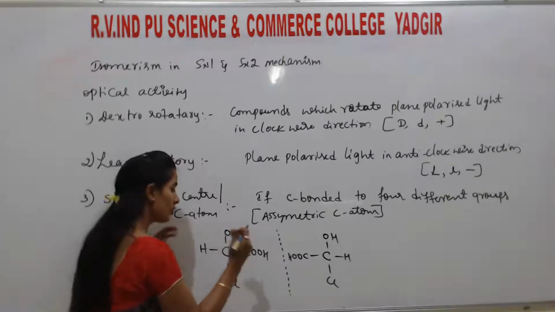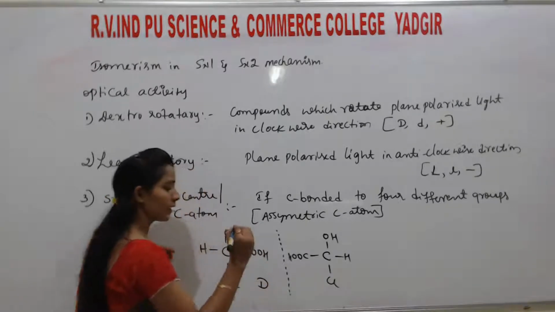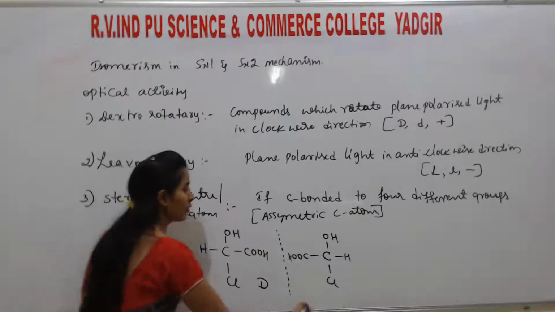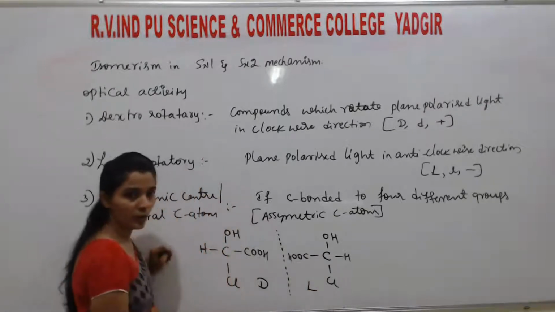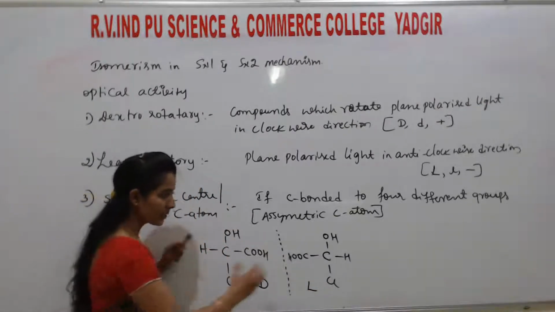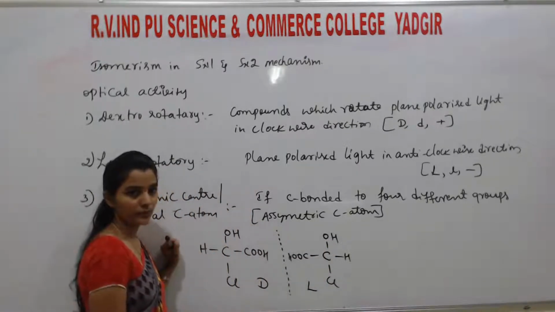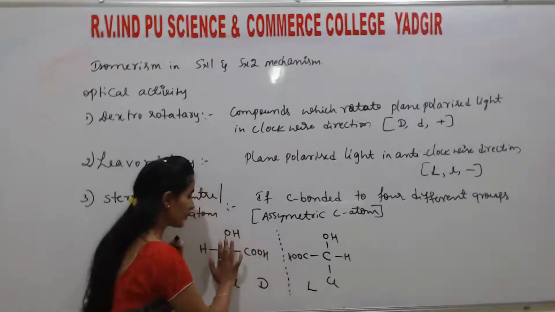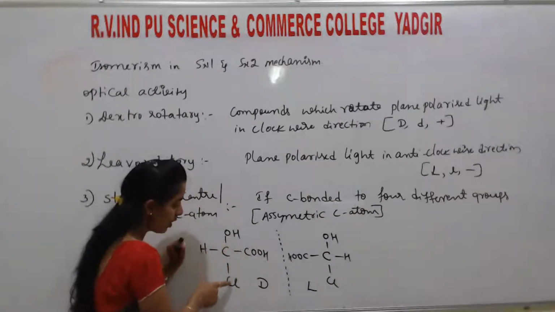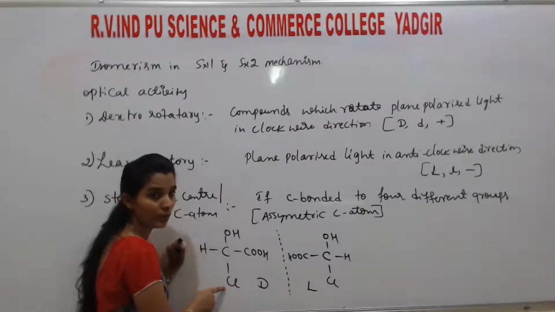Correct? If this rotates the plane polarized light to the right, then this must be the levo one. If you take this compound and place it above the dextro compound, these two groups may superimpose.